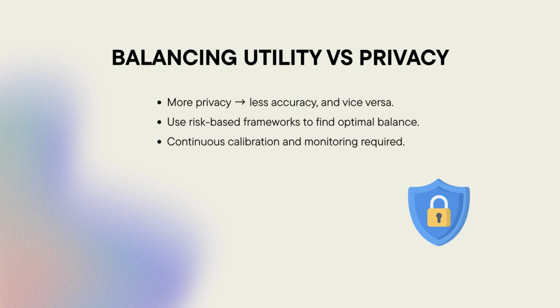Techniques like adjustable privacy budgets and dynamic policies allow adaptive protection over time. This balance is never static. As threats evolve or datasets grow, organizations must continuously recalibrate privacy thresholds to sustain both model performance and ethical responsibility.